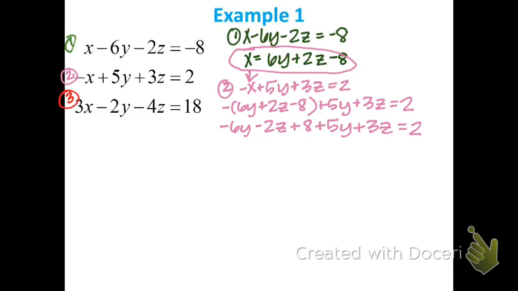Combine your like terms. I have a negative 6y and a positive 5y, so that's going to be negative y. I have a negative 2z and a positive 3z, so that's plus z. Then I want to move my constant to the other side, so I subtract 8 from both sides.